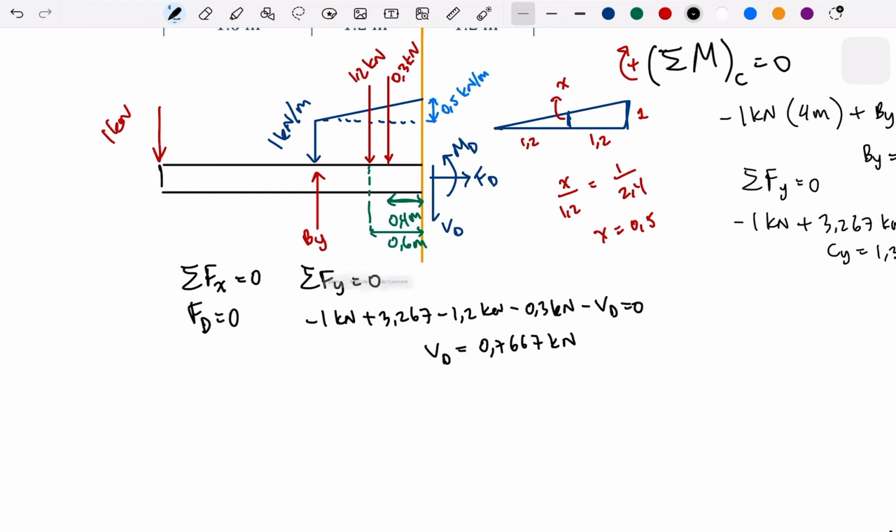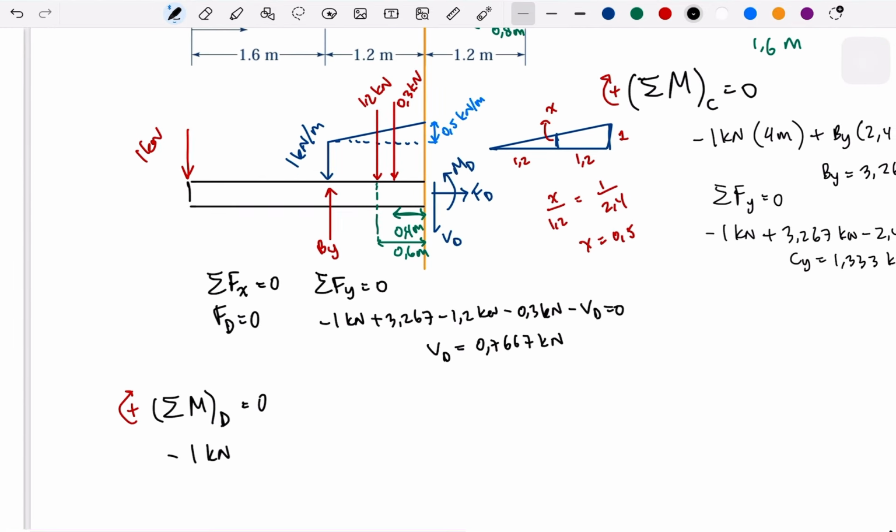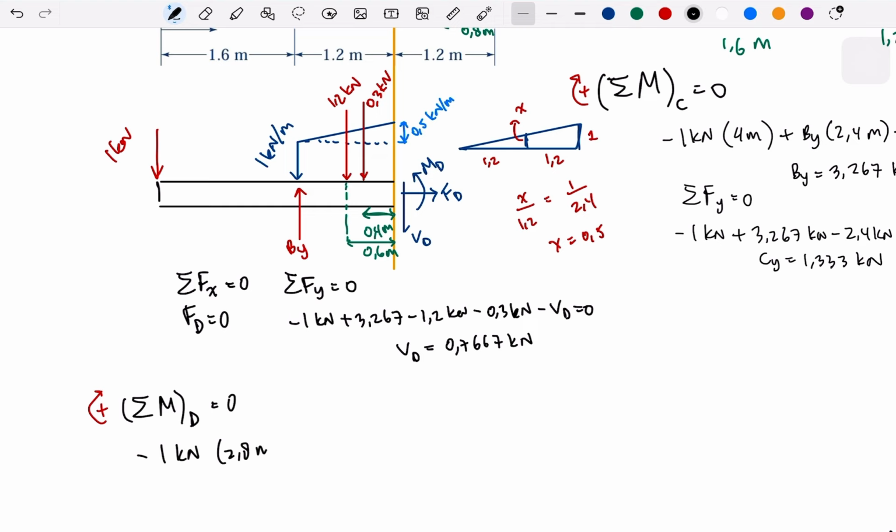And then sigma moment at D, the reference, and let's say this is going to be positive over there. This is equal to 0. So -1 kilonewton, the total is 2.8 meter, plus 3.267 kilonewton multiplied by 1.2 meter.